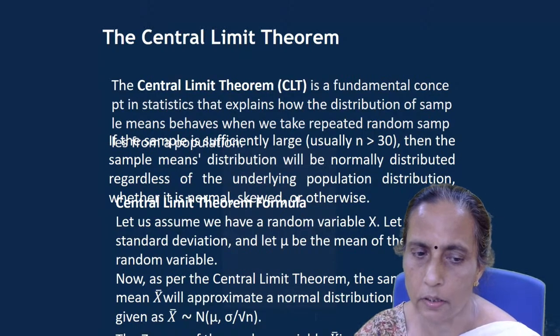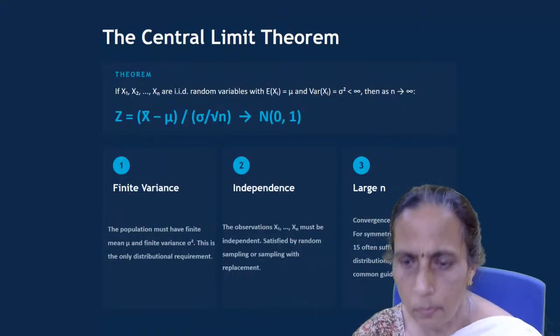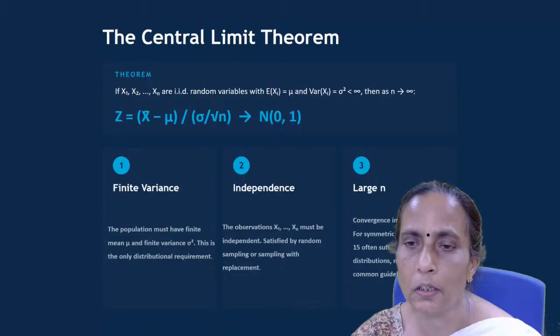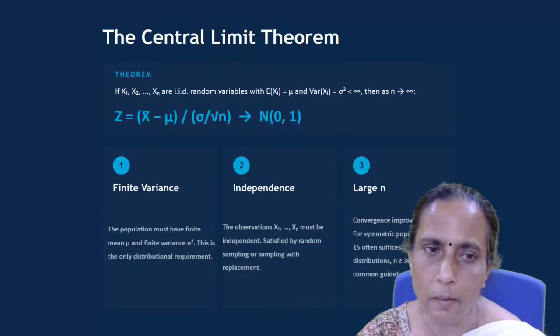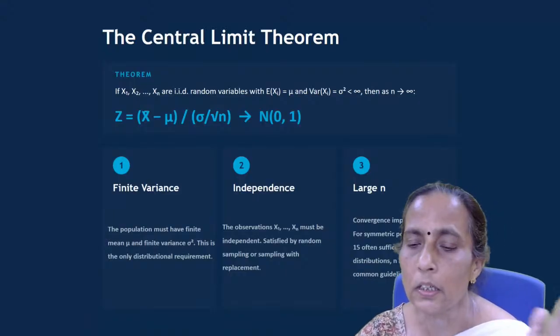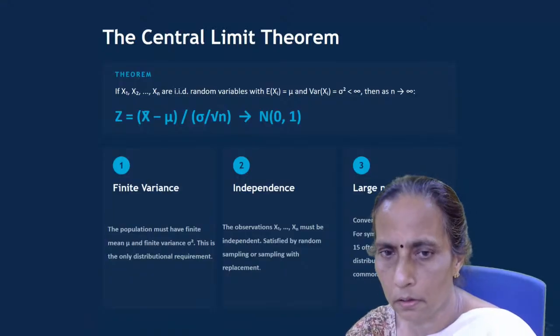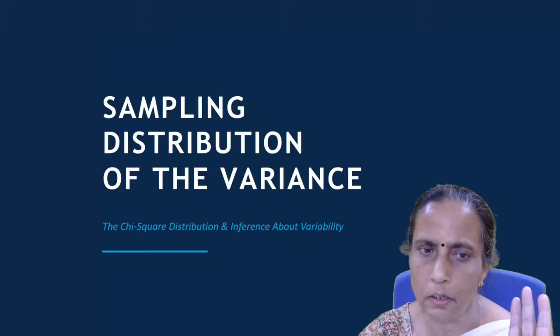So as n tends to large, or the sample size is large, x bar minus mu divided by sigma upon root n is a standard normal distribution. This is the formula of the central limit theorem.